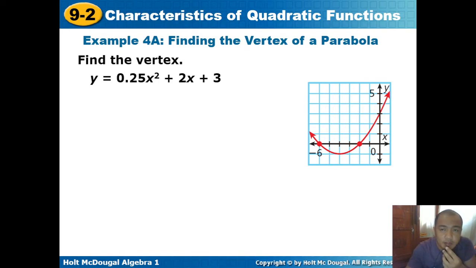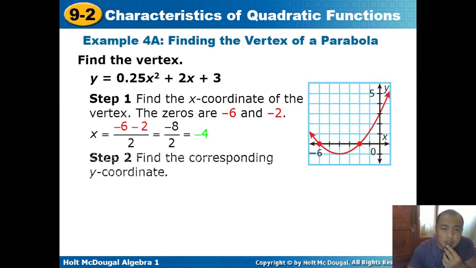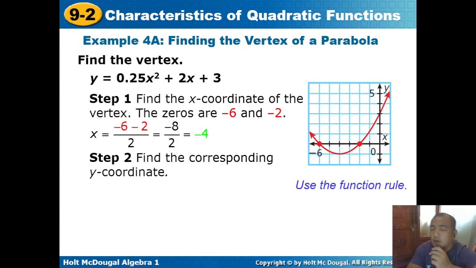First, to solve for the x-coordinate of the vertex, we have negative b over 2a. But wait, the zeros are negative 6 and negative 2. Get the average, which is negative 4. Negative 8 divided by 2 is negative 4. So the axis of symmetry is x equals negative 4.